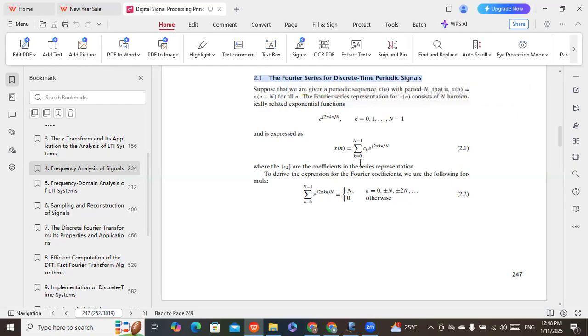Don't worry, the same thing is here. So you can see 2 pi divided by N. What is that?